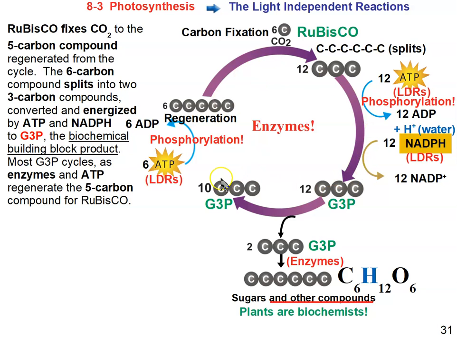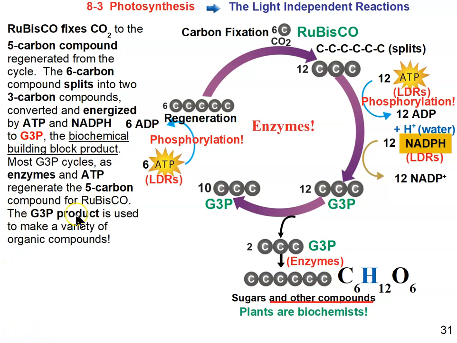The light independent reactions. And most G3P cycles goes on and it gets regenerated back into ribulose bisphosphate, and ATP is required for that, and then the cycle starts over again. And the G3P product, of course, is used to make a variety of organic compounds, like glucose.